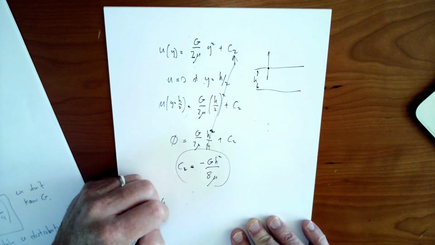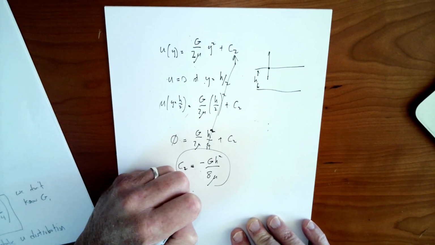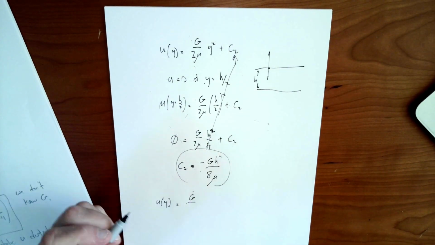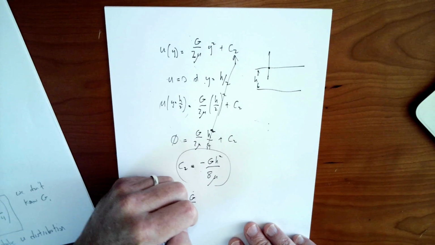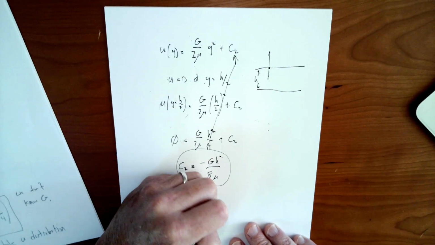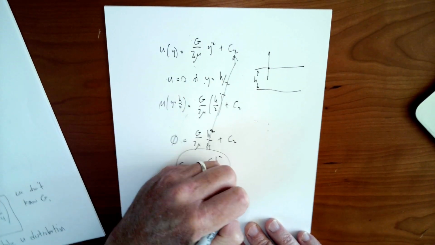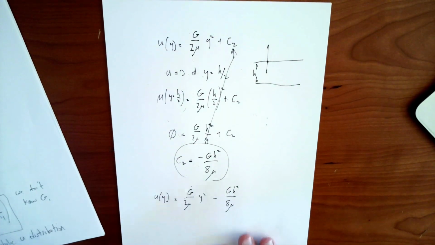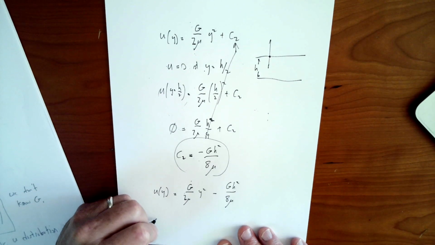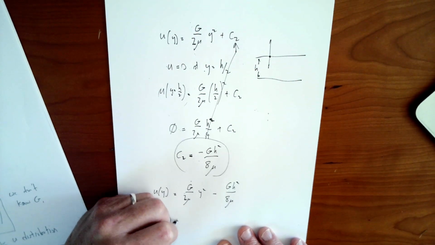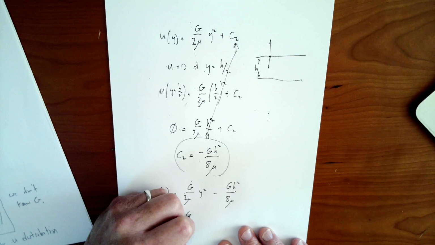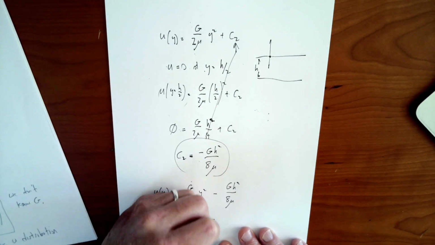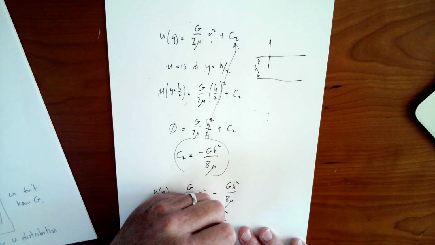So I have u as a function of y is equal to g over 2 mu y squared minus g h squared over 8 mu. But I'm going to clean that up a little bit, so my final form will be prettier. u as a function of y is going to be equal to g over 2 mu times y squared minus h squared over 4.